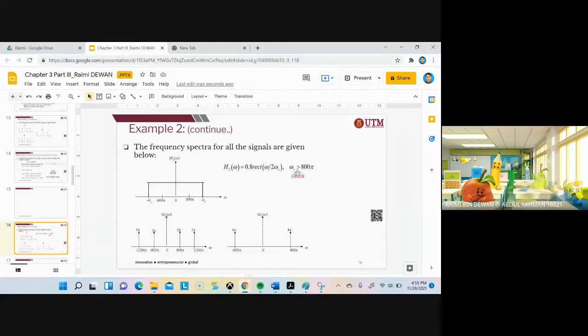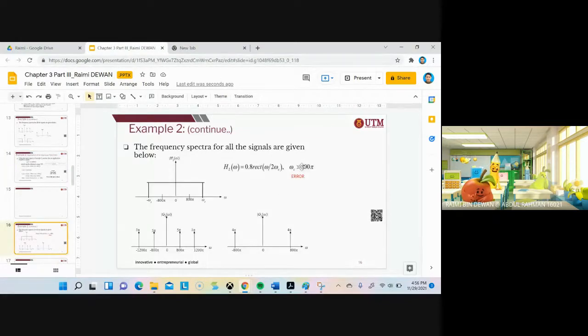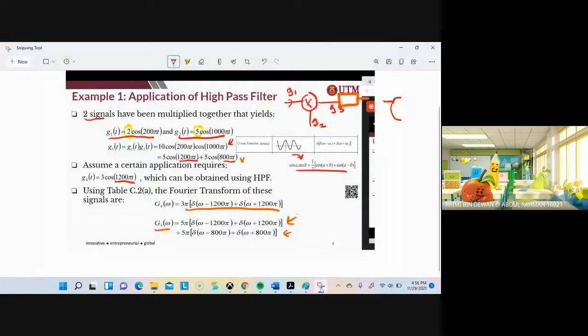There is an error, because the question is asking about a low pass filter. So this one is wrong, because if it's omega c greater than 800 pi, it means it allows even the high frequencies.